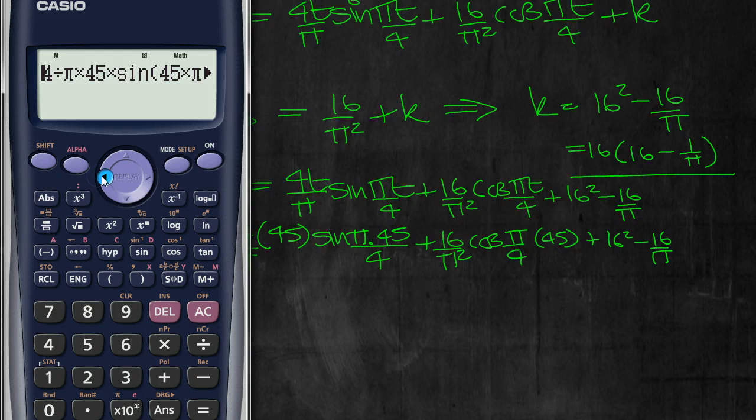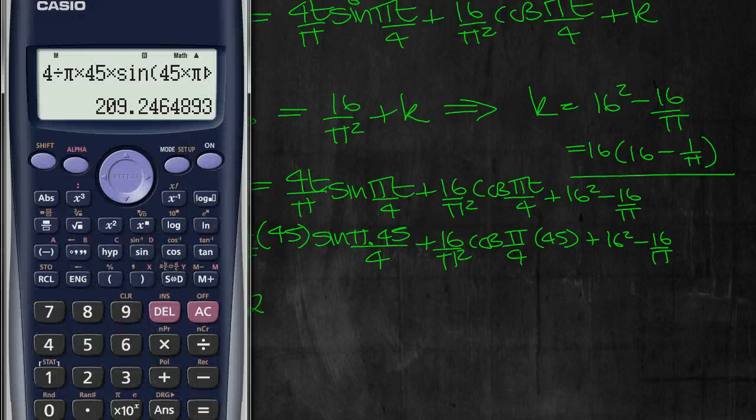Seems okay. Okay, equals 209.24, isn't it? 2 decimal places, 209.25.